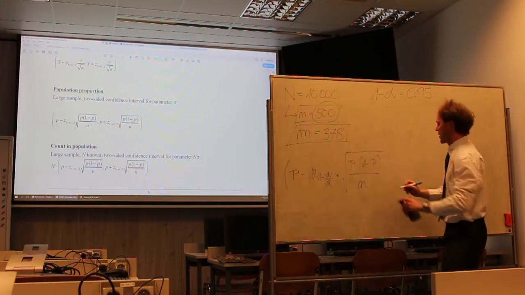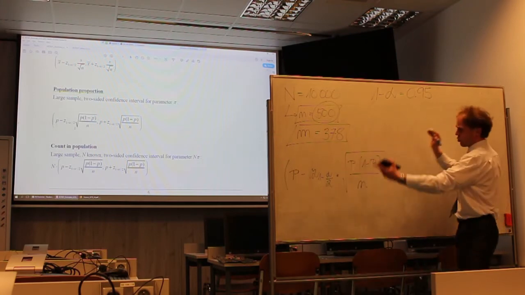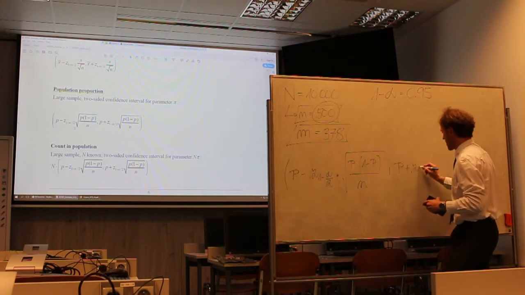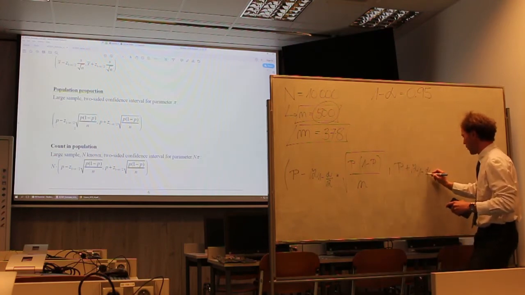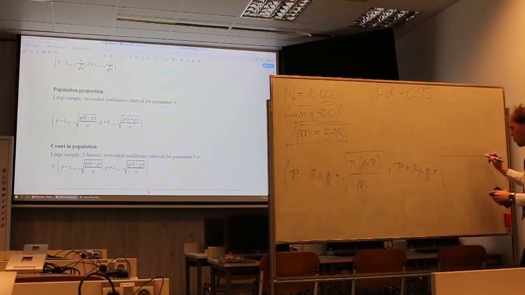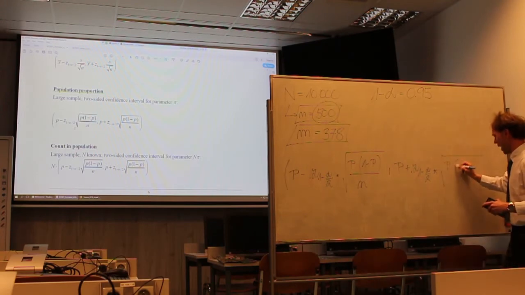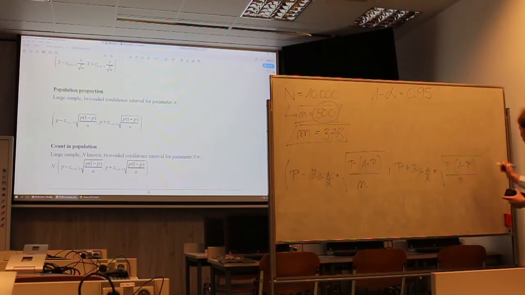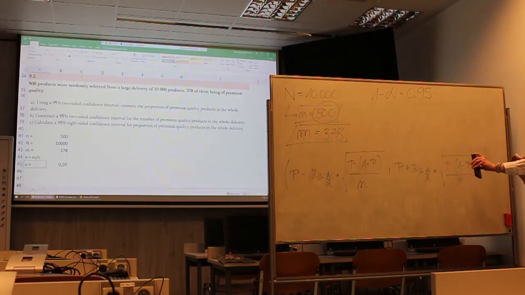So this is the left side, yes, left bound. And the right side, proportion plus Z 1 minus alpha divided by 2 times the square root of p times 1 minus p divided by our random sample n. So left side, right side.